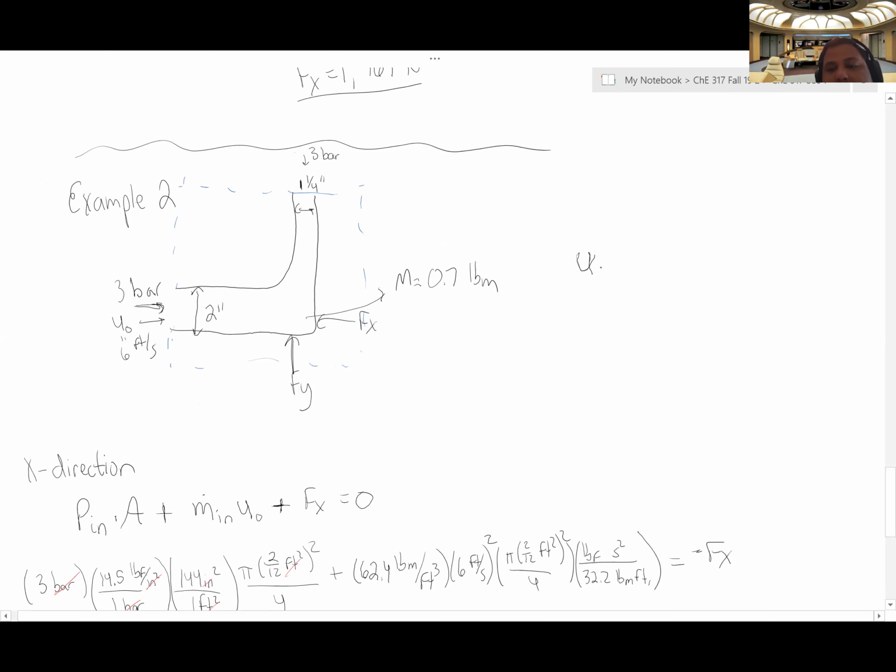And so that U out is essentially equal to 6 feet per second times essentially 2 inches squared over 1 1/4 inches squared, which I got as 15.36 feet per second.